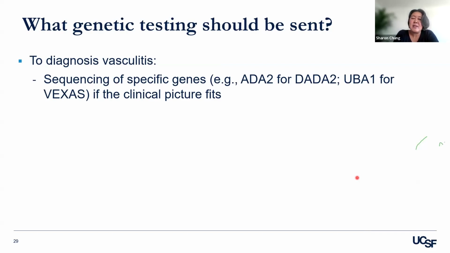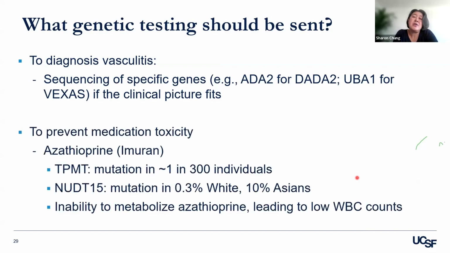But in the absence of this type of situation, there isn't really genetic testing we would send off to diagnose a particular type of vasculitis, such as giant cell arteritis or granulomatosis with polyangiitis, etc. However, I do consider sending genetic testing to prevent medication toxicity, and this is particularly in regards to azathioprine.